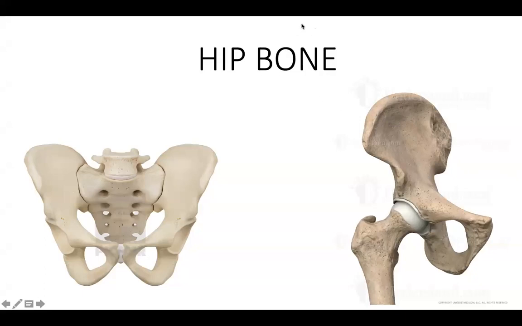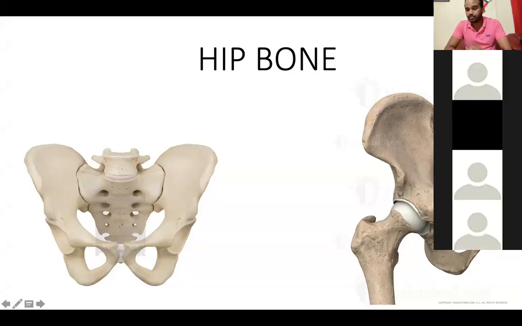As you all know, whenever you study a bone, you have to know a few important things. What is that bone? The identification of that bone is most important. After identification, you have to know its side determination, whether it belongs to the right or left.